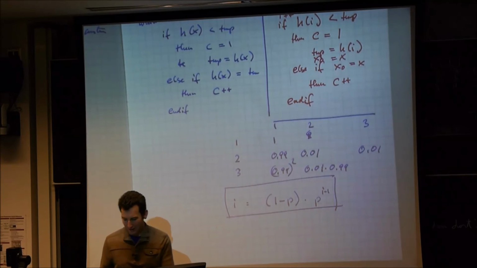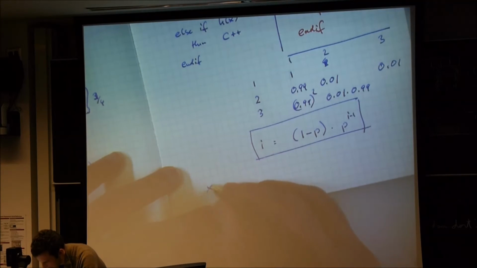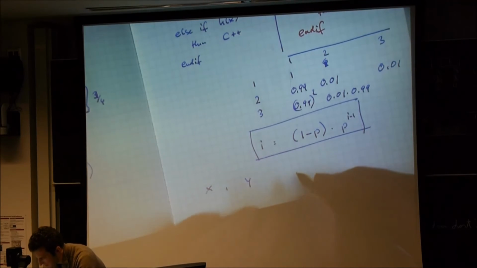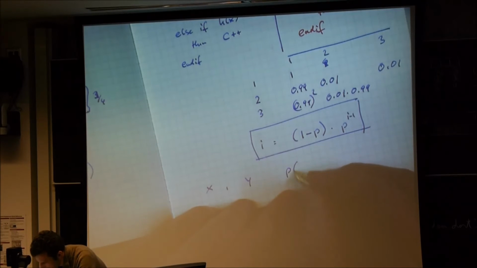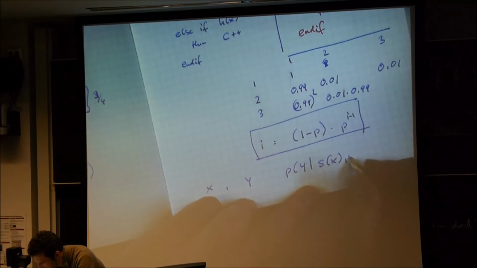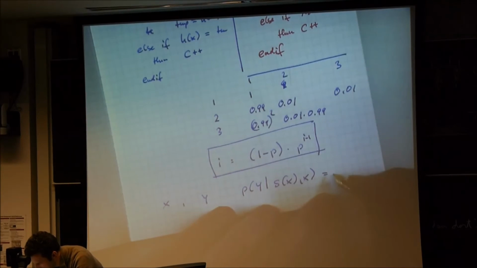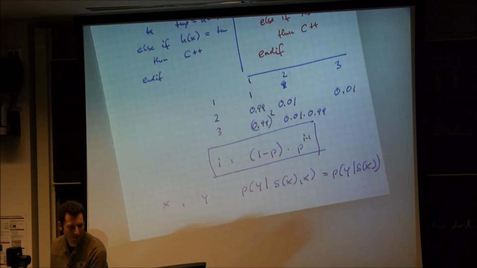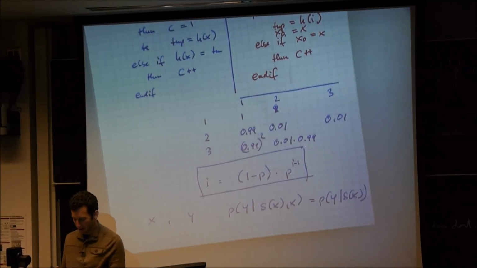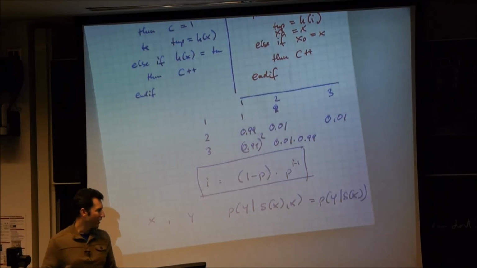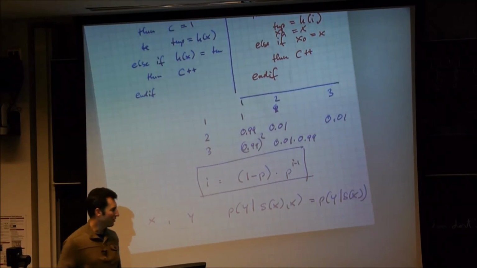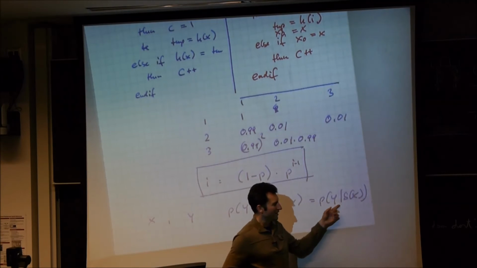Lossless insofar as, if I have x and any other random variable y, I can write p of y given the statistic of the data and x to be equal to p of y given s of x. In other words, s of x captures everything that there is to know about x with regard to any other random variable y.